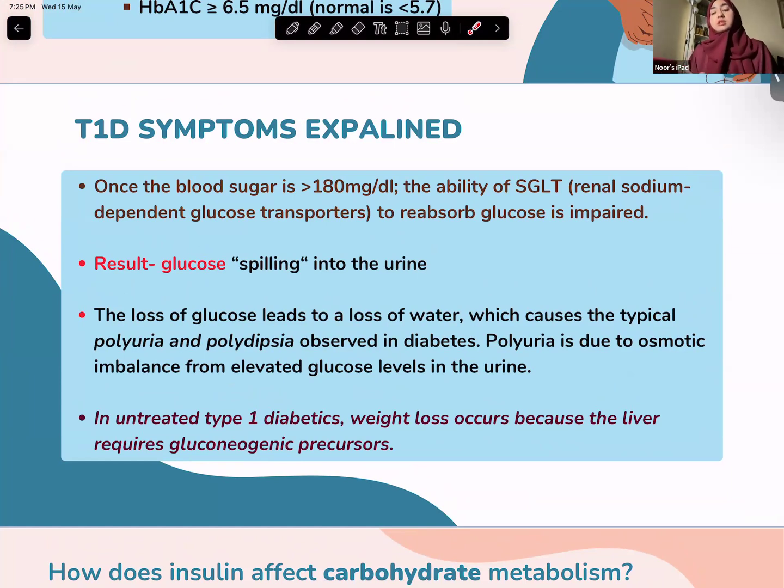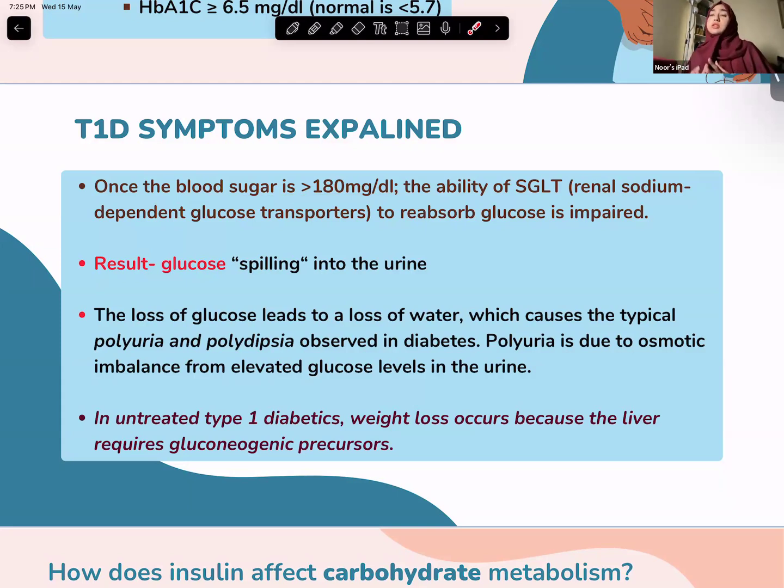Now, symptoms explained for type 1 diabetes. Once the blood sugar level is more than 180, the ability of the renal sodium-dependent glucose transporter to reabsorb glucose is impaired. Remember, I said that normally urine should not have glucose. Yes, it does have glucose, but just a very minute amount. But if the blood sugar level exceeds 180, glucose will start appearing in urine.